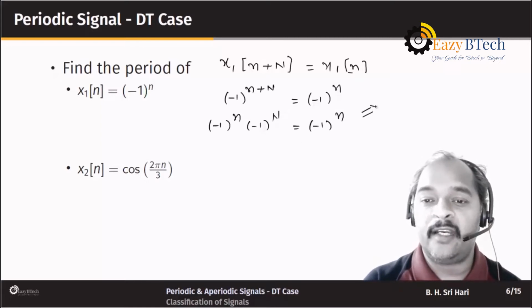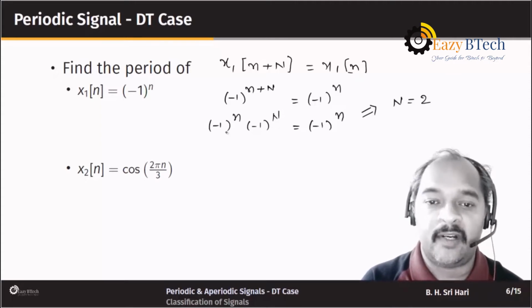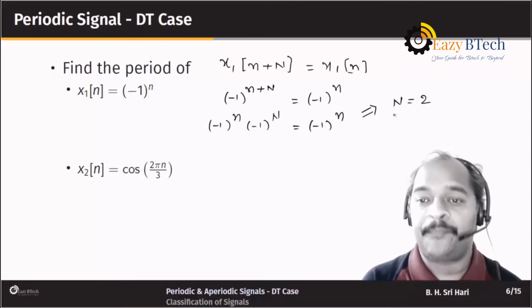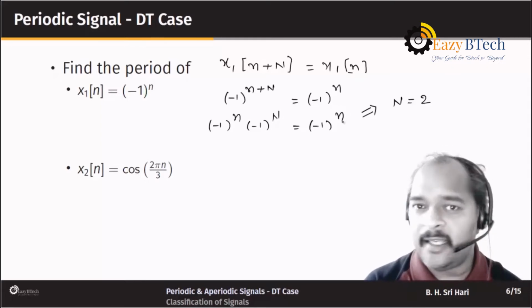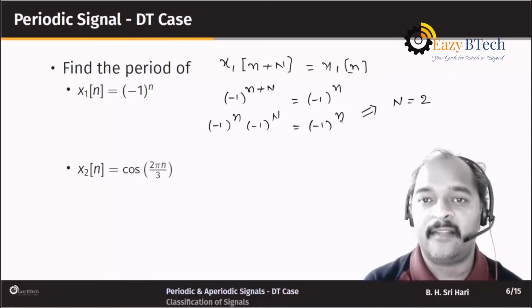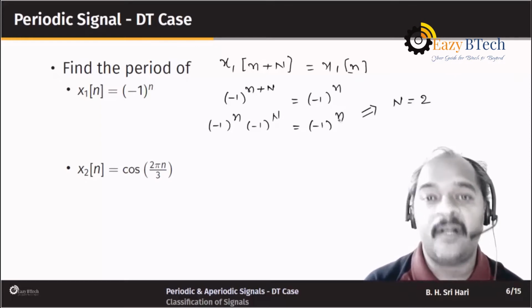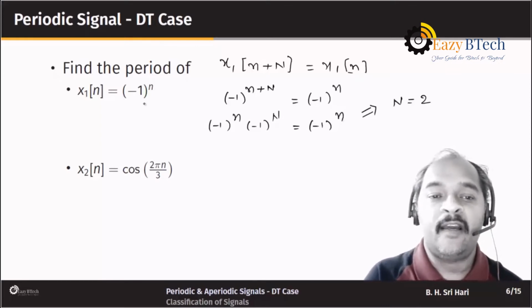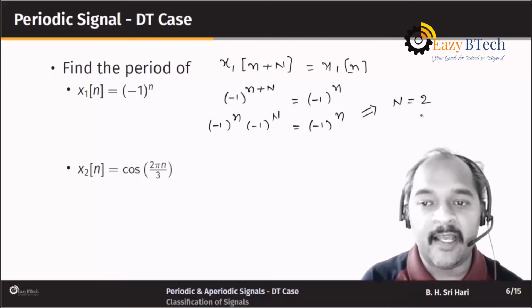We need N to be equal to 2. Why? If you replace N with 2, you get minus 1 whole squared, which is 1, and hence minus 1 power n would be equal to minus 1 power n. Is N equal to 4 also a period? Yes, so N equal to 4, 6, 8, and so on are all periods of this signal. But the fundamental period is N equal to 2. So the first signal is periodic, with fundamental period N equal to 2.